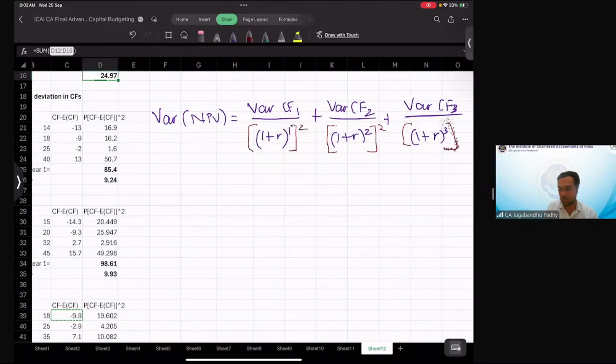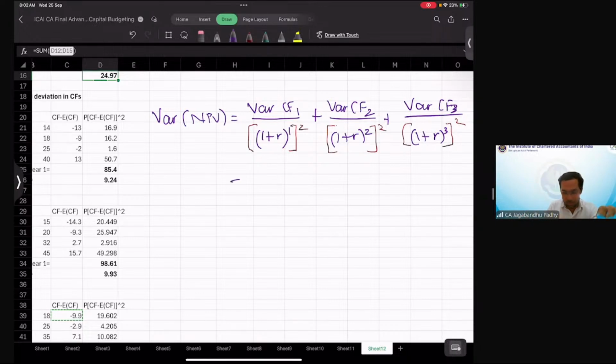Why are we doing this squaring? Because we are looking at the variance, which is already a squared deviation. So even in the denominator, when we are discounting, we need to take the squared present value.